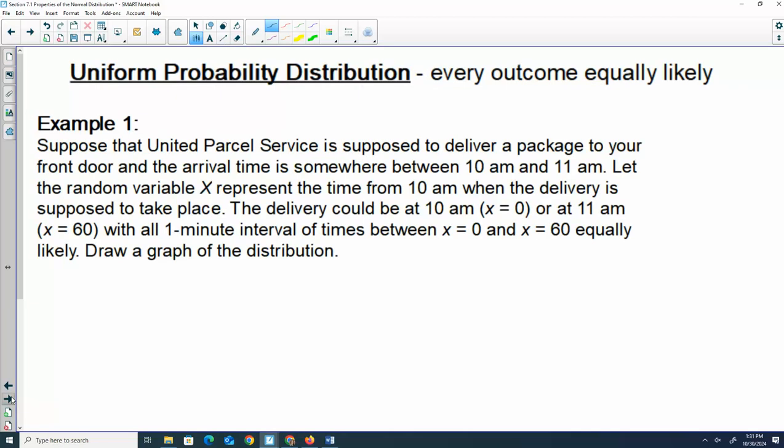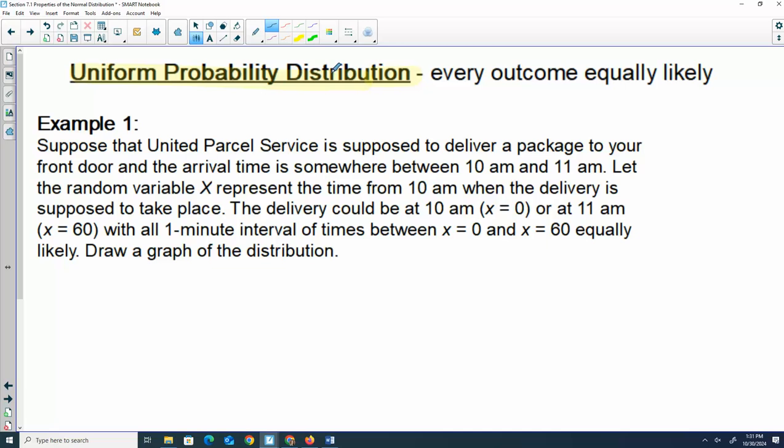The uniform distribution is not one that comes up very often. I'm going to show an example, but it is not one we will use very much at all. This is a situation where every outcome is equally likely. Okay, and we've seen some of these before. Like if I roll a dice, how many outcomes are there? 6.